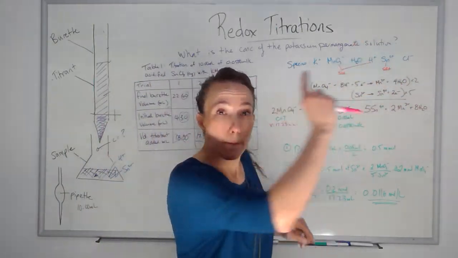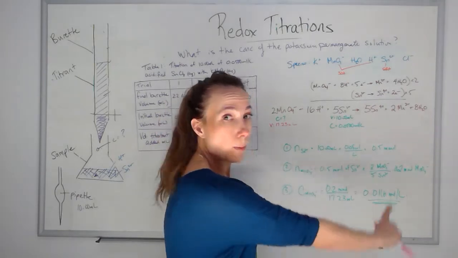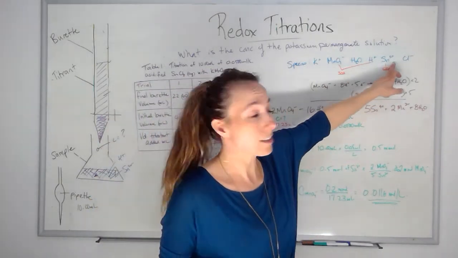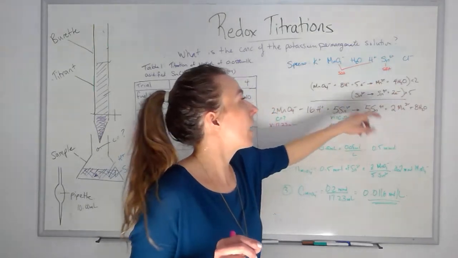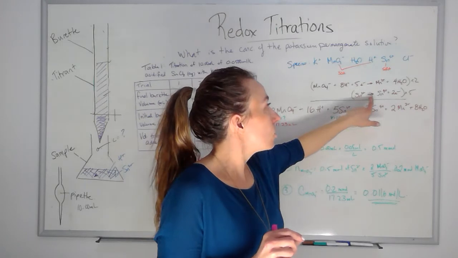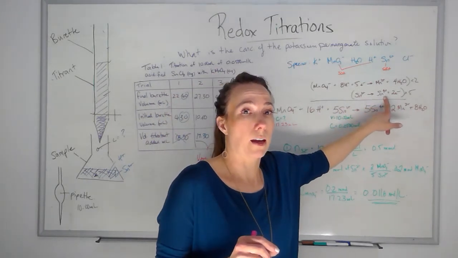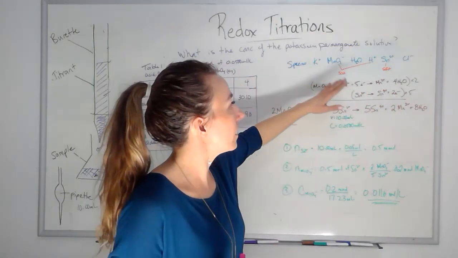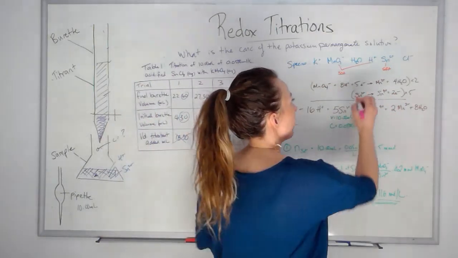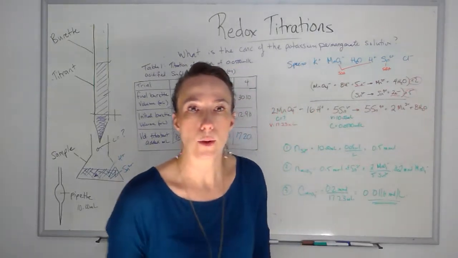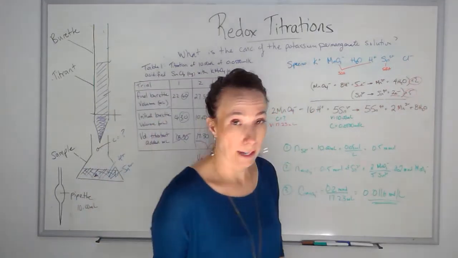Then I put my finger on the bottom left-hand corner and I work my way up to try to find my strongest reducing agent. The strongest reducing agent is tin 2+. And once I find it, I write it down. So here's my tin 2+ becoming tin 4+ and an electron. Okay, so then I notice that I have 5 electrons and 2 electrons, so I have to balance my 2 half reactions, and then I write my net.